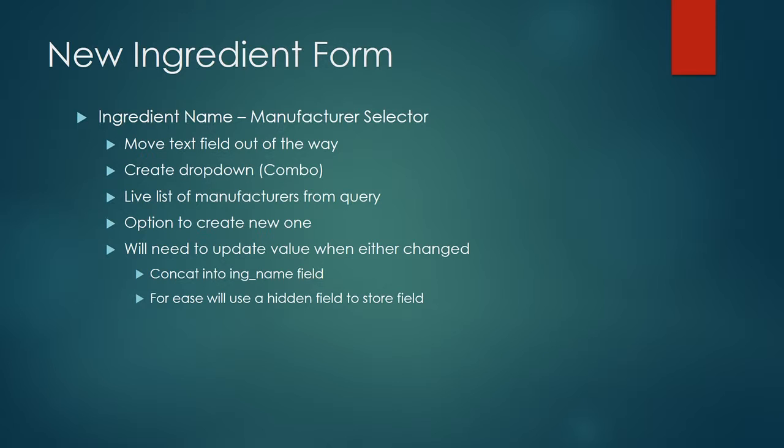There's a couple of ways we could do it. We could write it into the code so that it stores it in the database, but the easier way is to have a hidden field on the form that is still bound to the ingredient name field in the table, and then update that every time one of our actual fields gets changed.